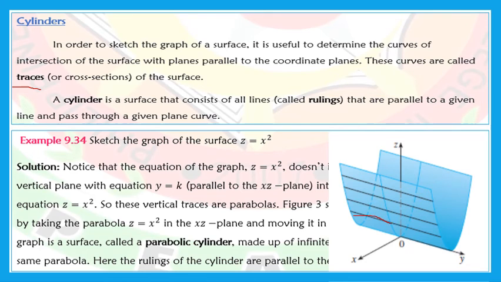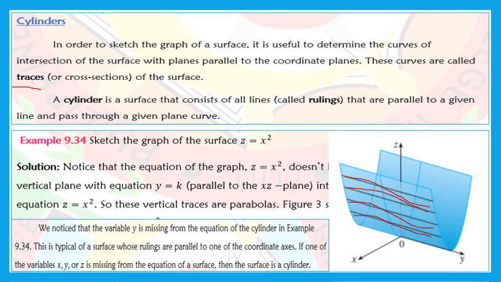So, ito yung rulings or the generator. Okay. So, it is a parabolic cylinder in the xz plane. So, dito lang siya sa x and z plane, kasi ang involved lang na variables is x and z.